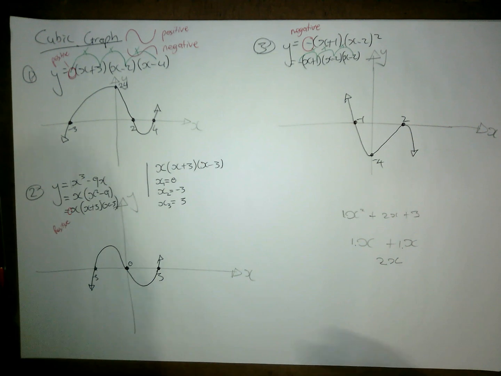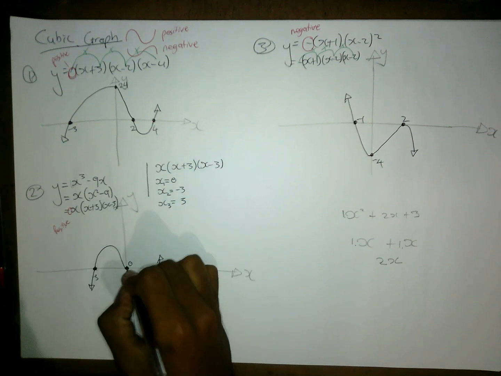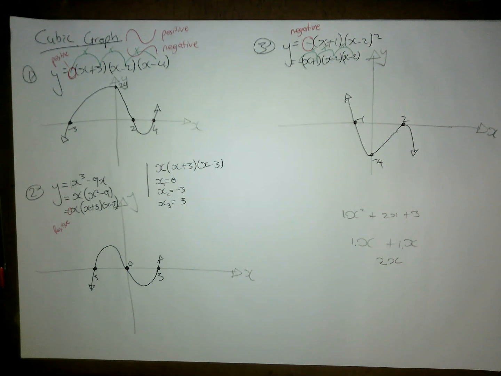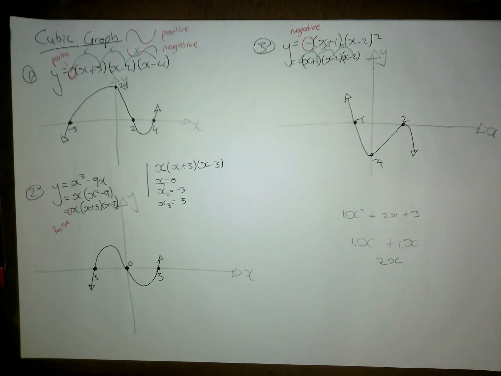They call it your roots also. So that's where you get it from. 0 at the origin, -3, +3. Very same thing here. You solve x, it's all you do, you solve for x.